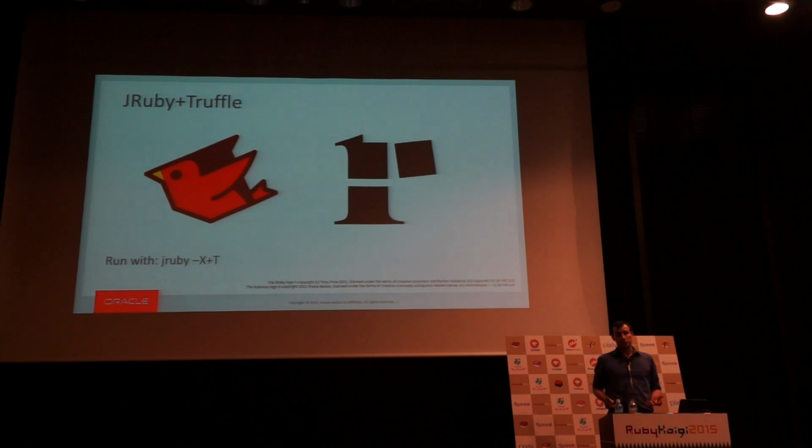So Truffle gives us a way to build out support for dynamic languages, but Ruby is a very large language. It has a very rich core API. So what we've done is pull in code from both the JRuby and Rubinius projects, and we're actually part of the JRuby project. Everything we do is open source. We're an alternative backend, and we've been shipping with JRuby since JRuby 9000. If you use the -X+T switch, you can activate our backend.